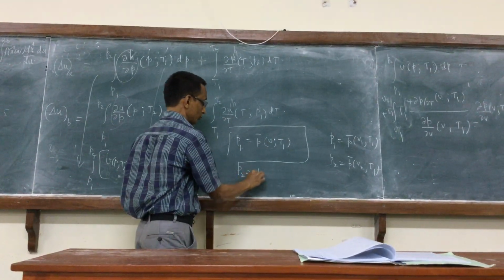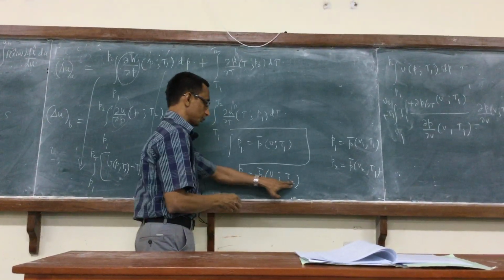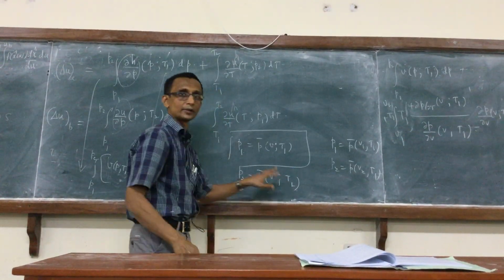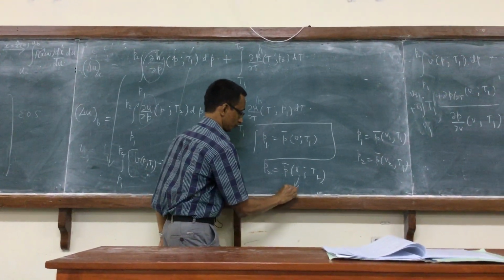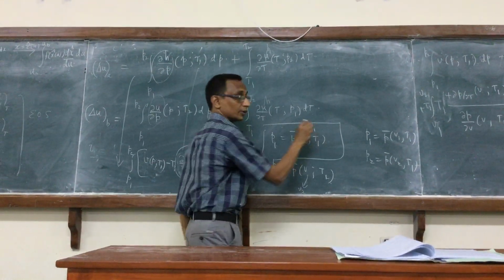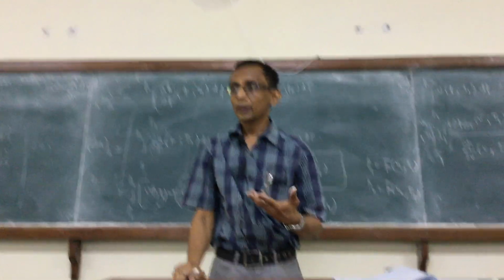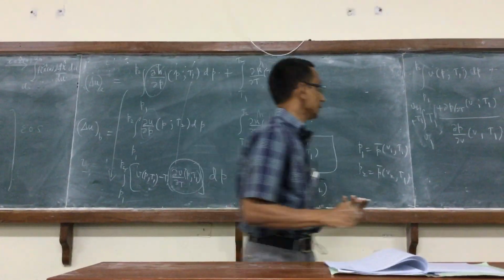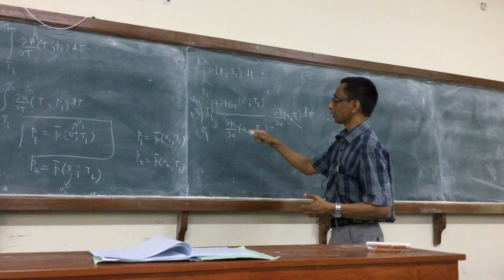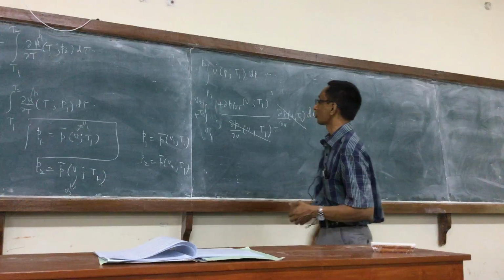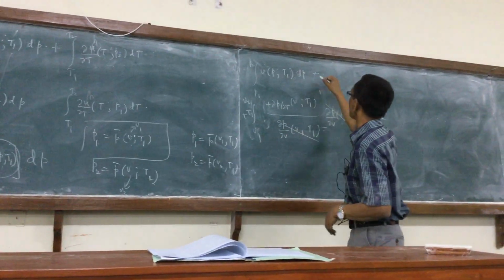Similarly for the other. So this is V2, this is V1. This is what I mean by V1 and V2. It's now converted into an integral over V, and conveniently this cancels. So I'm left with the T1 outside, and I have just this integral. Now how do I evaluate this integral?